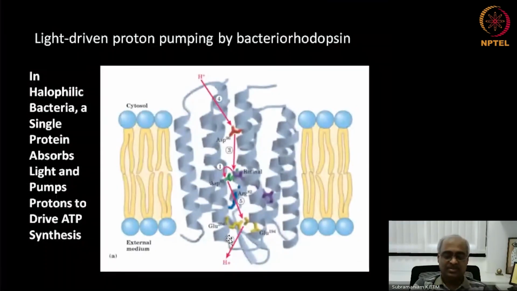Okay, so the extremely saline environments can have salt concentration as high as 10 power 4 molar or 10 power 5 molar sodium chloride.